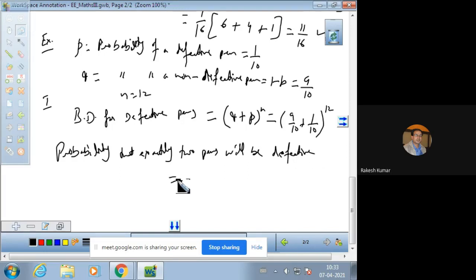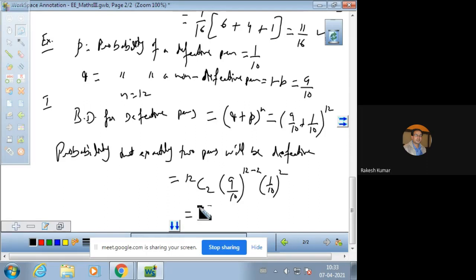And for this you should have 12 C2 because 12 में से 2 पेन defective हैं. So 2 out of 12 will be defective. 9 over 10 raised to power 12 minus 2 and 1 over 10 raised to power 2. Now you just need to calculate this and find out the required probability.